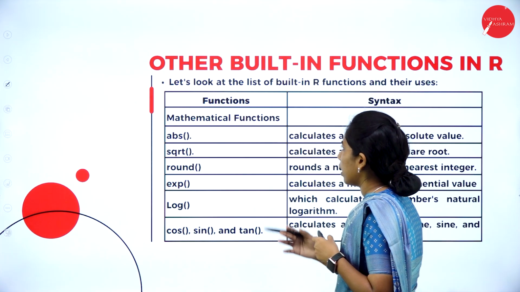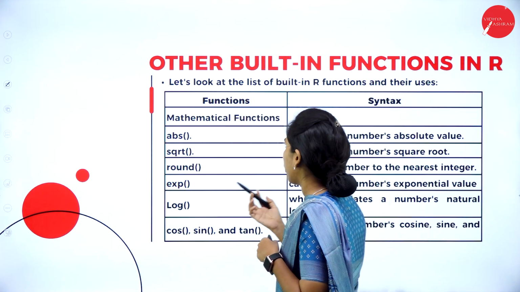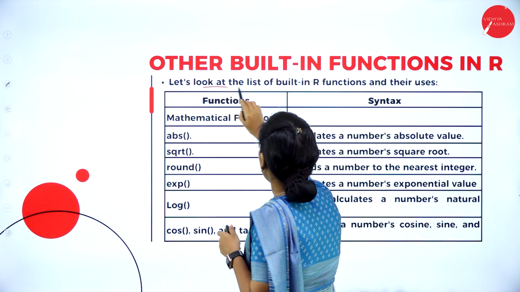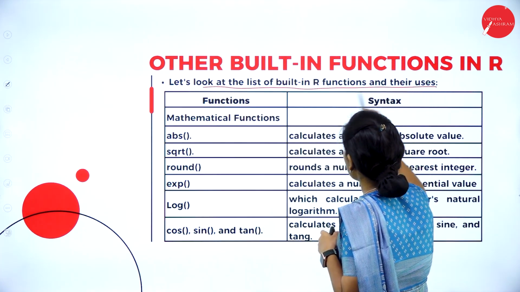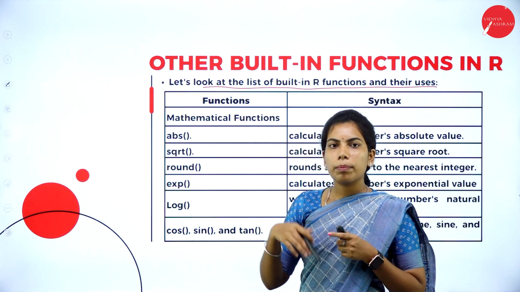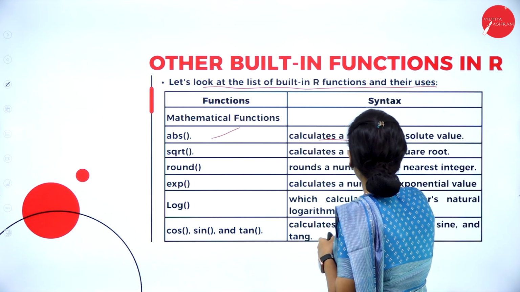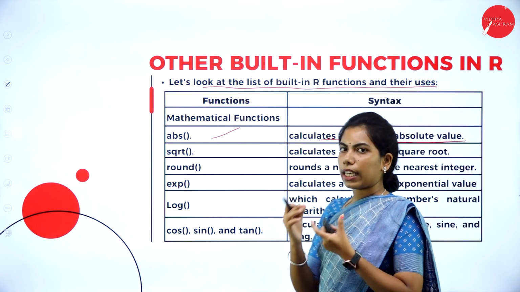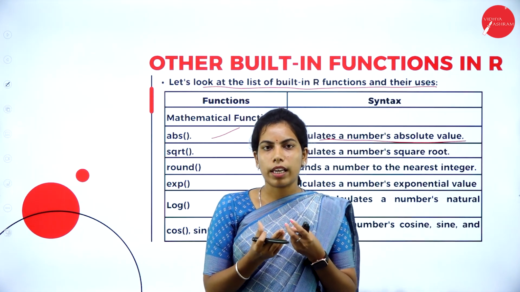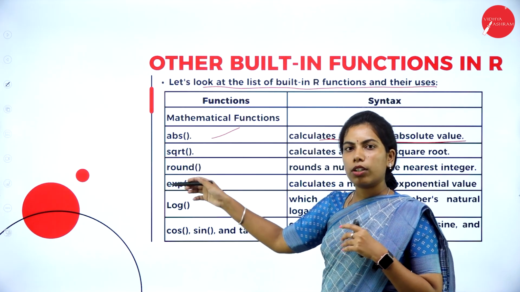And here you can see some more examples of the functions provided by R. So let's look at the list of built-in functions and their use. These are some of the built-in functions available in R. To calculate a number's absolute value, we use abs, with open and close brackets.